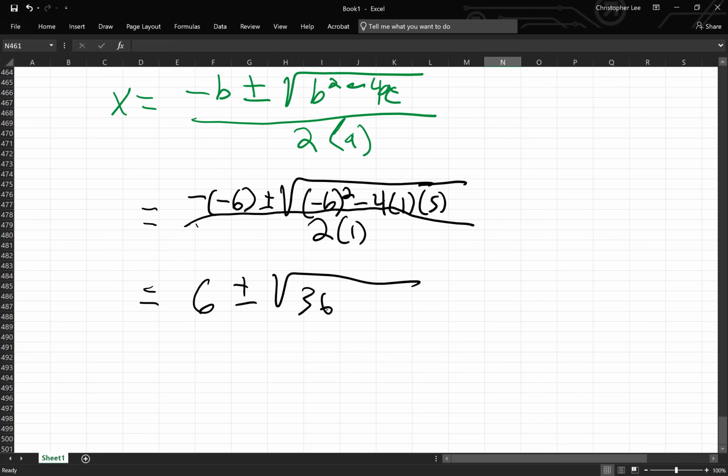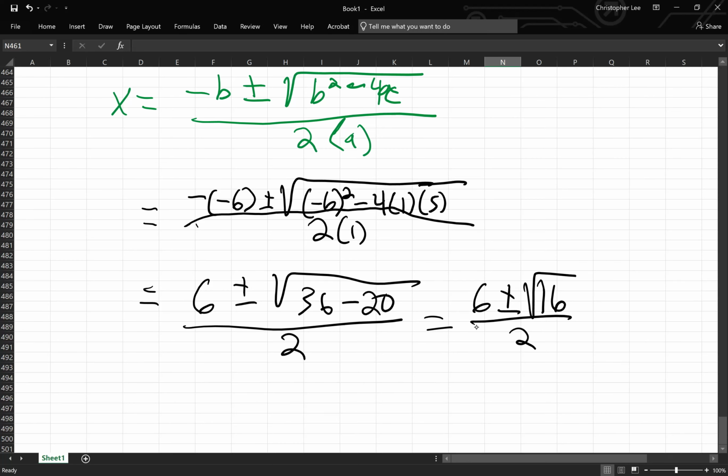And then negative is positive, plus or minus square root. This is 36 minus 20, all over 2, which becomes 6 plus or minus square root of 16 over 2. This will be simplified down to 6 plus or minus 4 over 2. Now we have two answers.